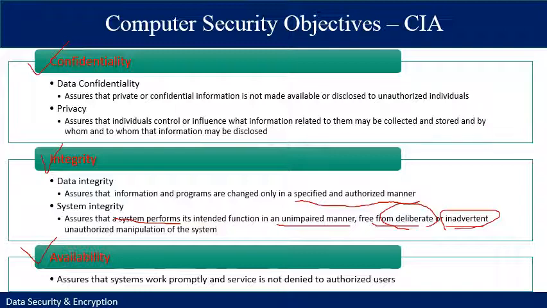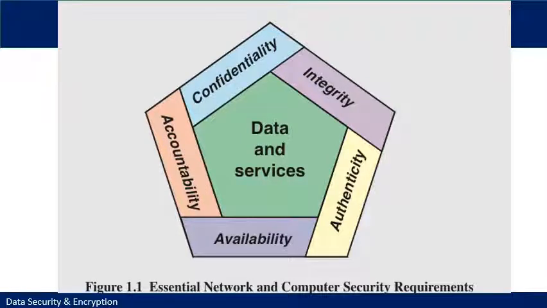So these three terms are often referred to as the CIA triad. The three concepts are fundamental security objectives both for data and information and for computing devices or services. The CIA also characterizes these three objectives in terms of requirements and the definition of loss of security in each category.